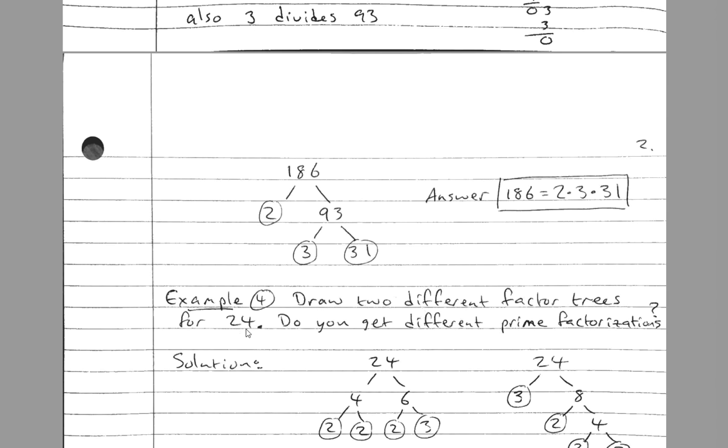Here we're working with the number 24. Draw 2 different factor trees for 24. And the question is, do you get different prime factorizations?